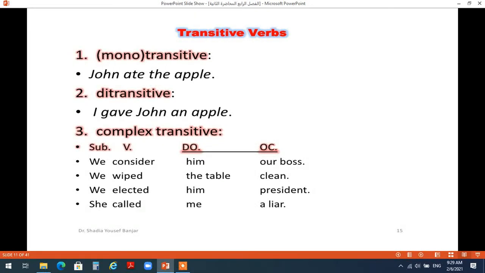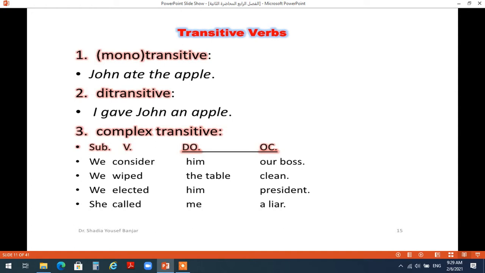As you see here, the three types of transitive verbs are being discussed with examples to show you the difference between them. Monotransitive verb, as we said, we have only one direct object. For example, John ate the apple. So the verb ate is a monotransitive verb because there is only one single direct object in the sentence, اللي هو the apple.